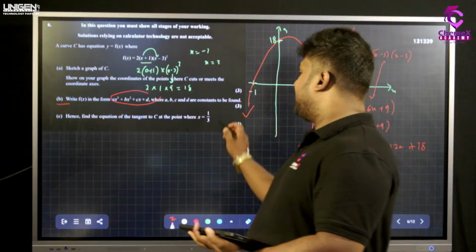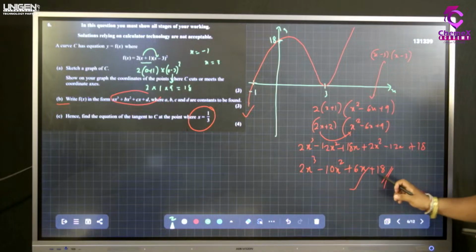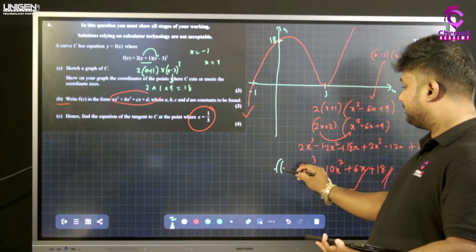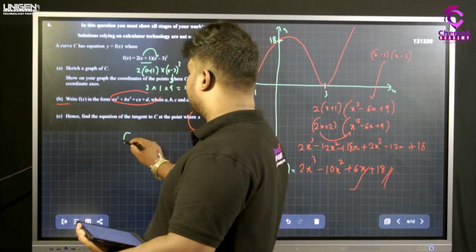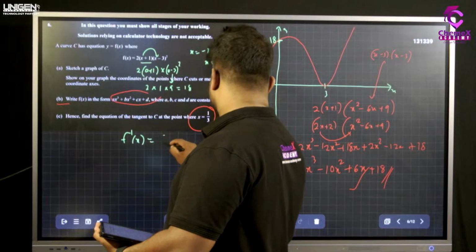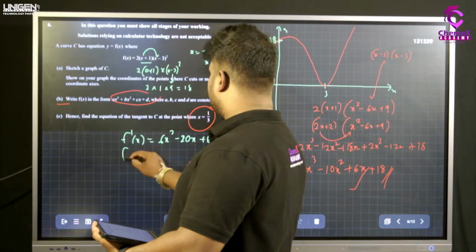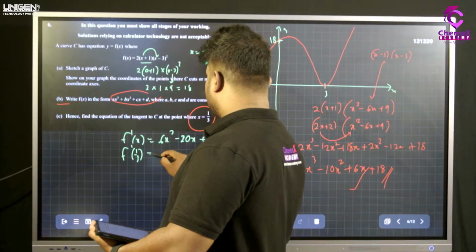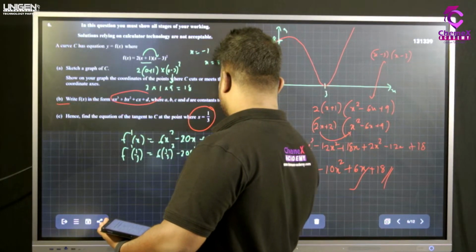Hence, find the equation of the tangent at x equals 1 over 3. How do you find it? You know this is the f of x graph. So find the equation of the tangent at x equals 1 over 3. So find f dash of x. What is f dash of x? 6x squared minus 20x plus 6. So what is the gradient when x is 1 over 3? 6 times (1 over 3) squared minus 20 into 1 over 3 plus 6.